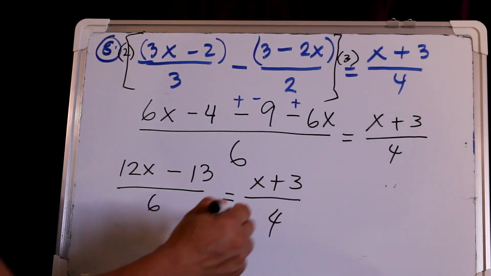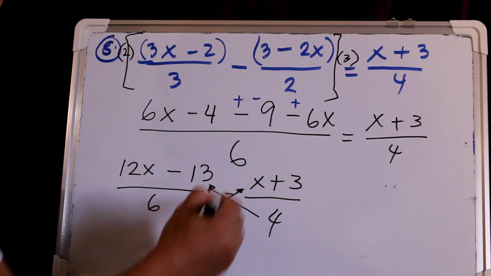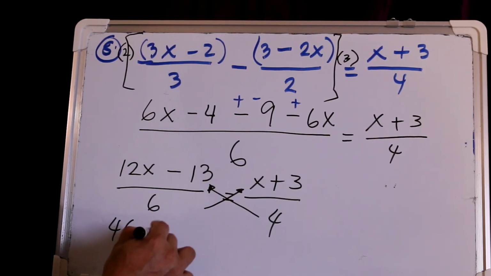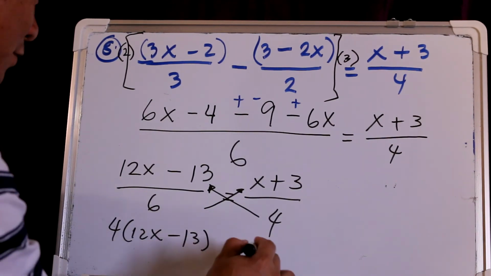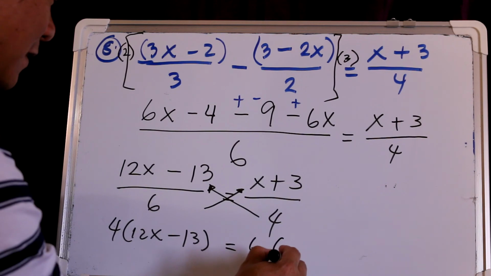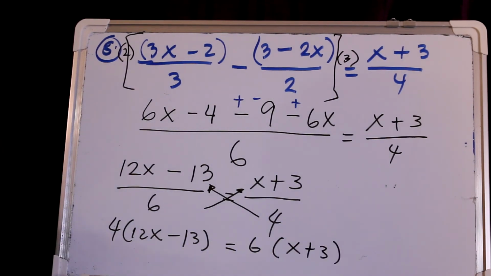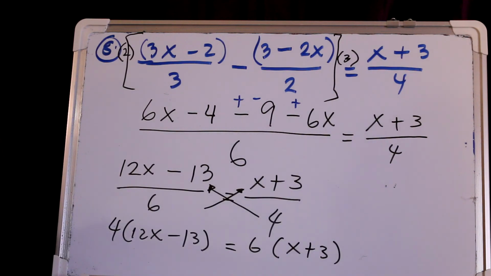So the next step will be cross multiplying. So we will cross that there. So we will have 4 times 12x minus 13 equals to 6 times x plus 3. Alright? So does it fit here? I guess so. Let's see.